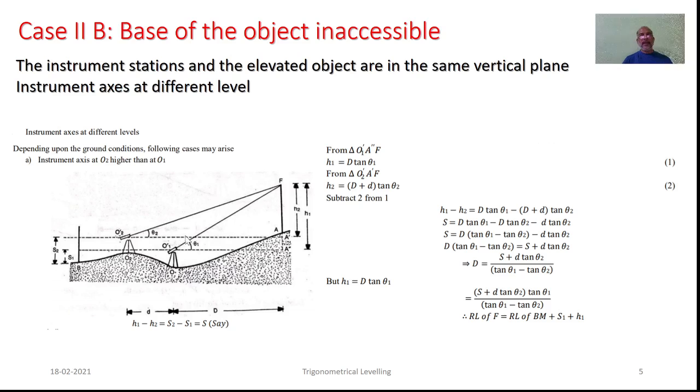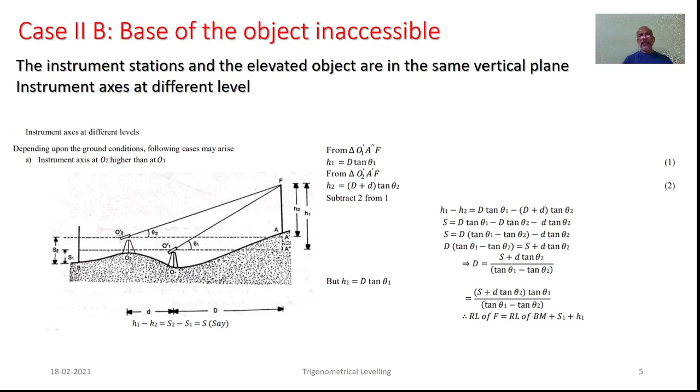For this particular case, let's assume that the equipment at O1 has lower HI as compared to the subsequent setup.